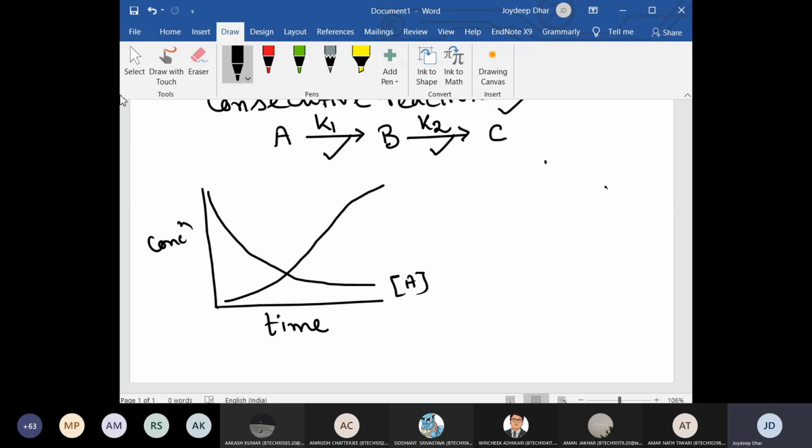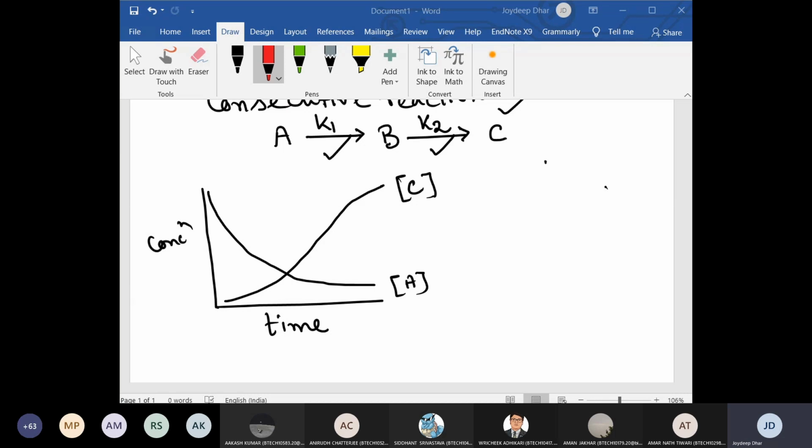exponentially it is rising, and then after some time it will get saturated. And the concentration of B, that is important. So this is component C, and component B, how its concentration is changing, because you can have two different conditions where either K1 is much larger or K2 is much larger.